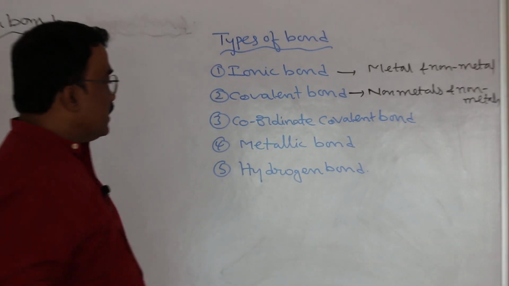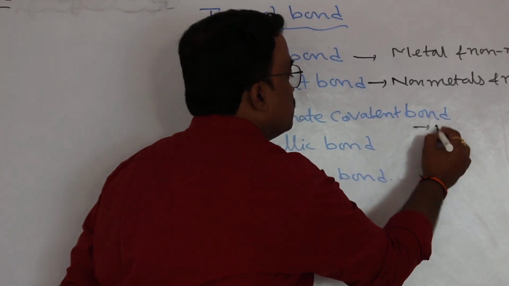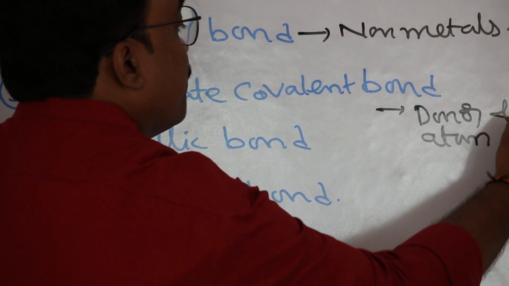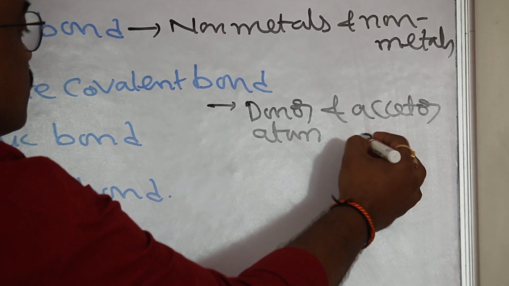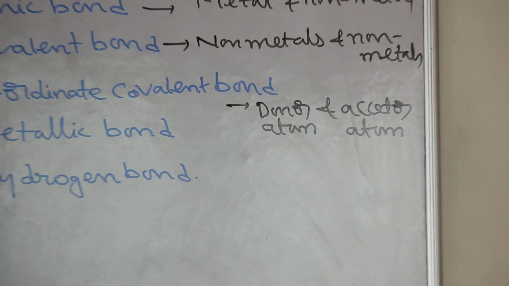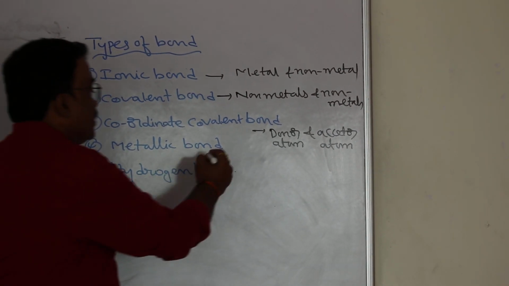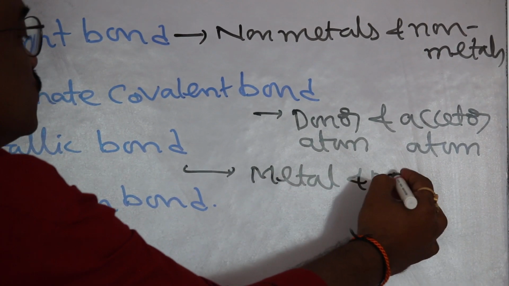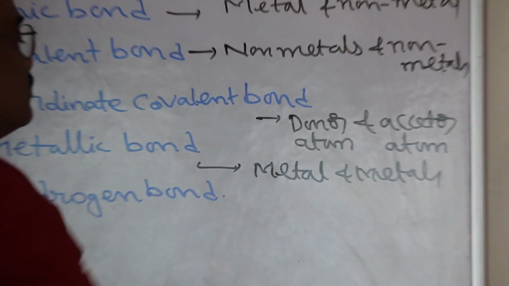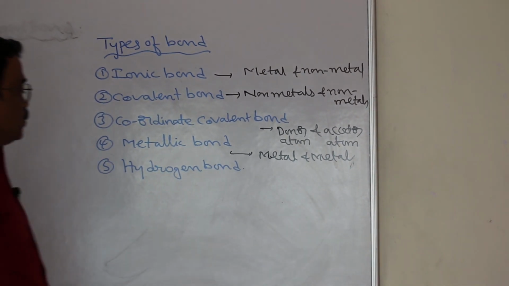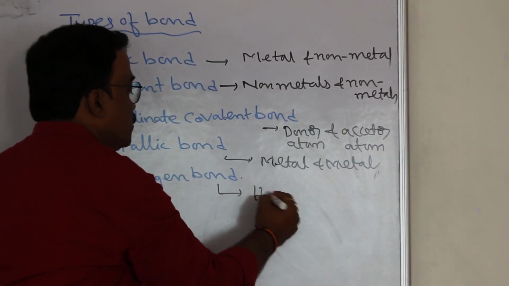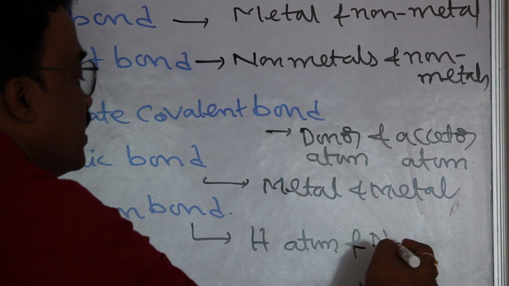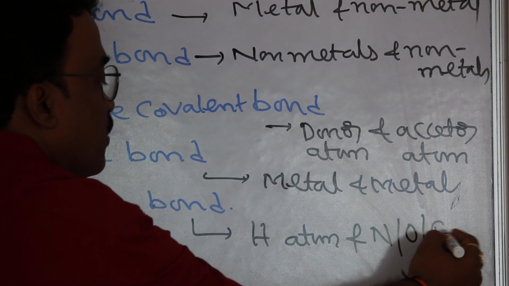Coordinate covalent bond, it is between the donor atom and acceptor atom. Metallic bond between the two metals, metal and metal. And the hydrogen bond, it is between hydrogen atom of one molecule and nitrogen or oxygen or fluorine.